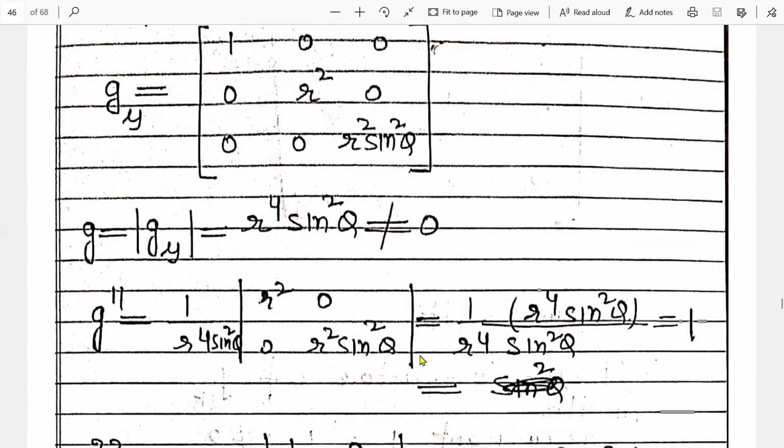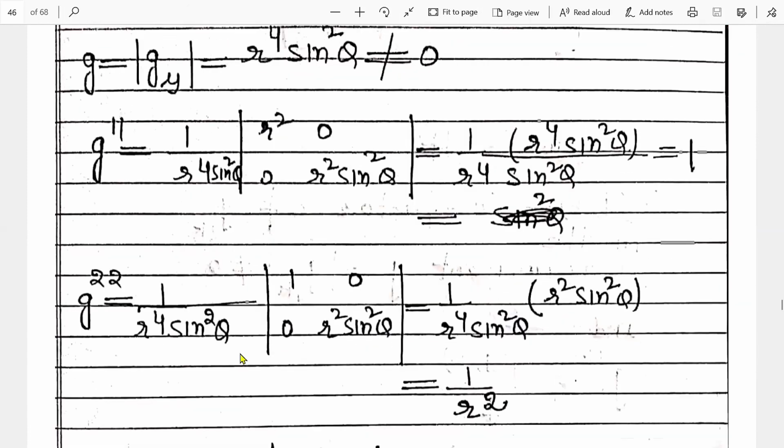Again find in a similar way G11, which is 1 by r raised to power 4 sine square theta, right, into the cofactor of 1. So its value is 1.